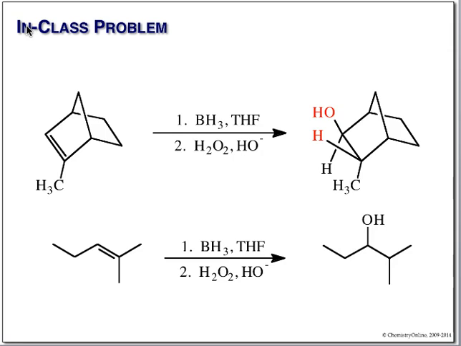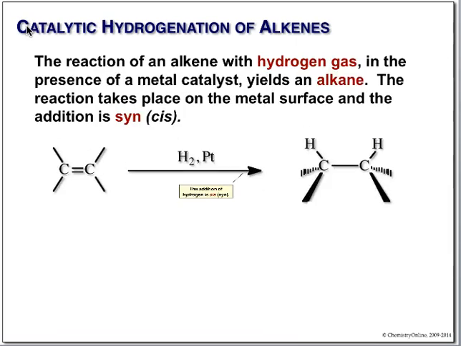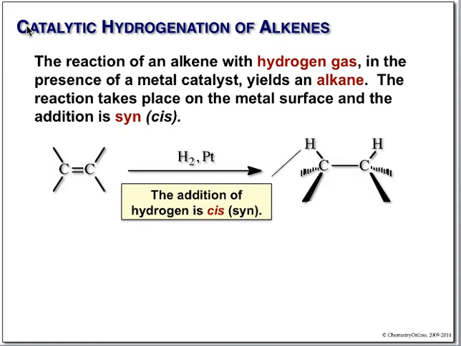All right, following up now on additions that occur on the same face of the molecule. Let's look at probably the simplest of the alkene reactions, and that is catalytic reduction. What you do here literally is you have your alkene, usually in a solvent of some sort, alcohol.